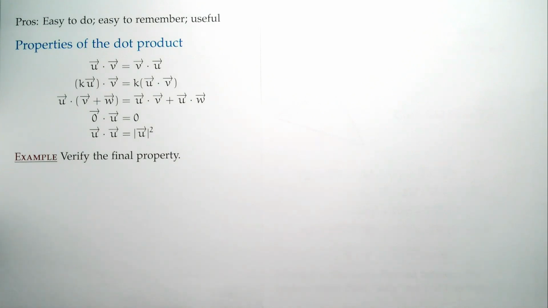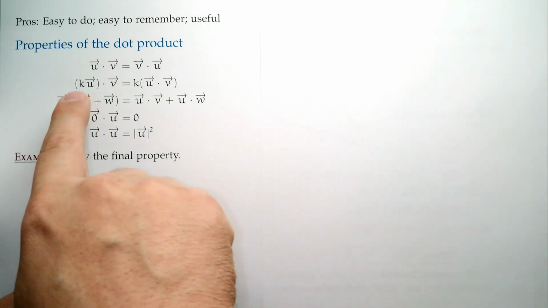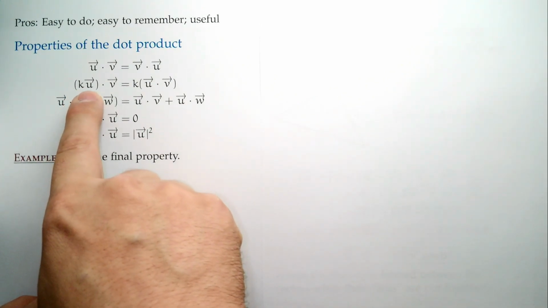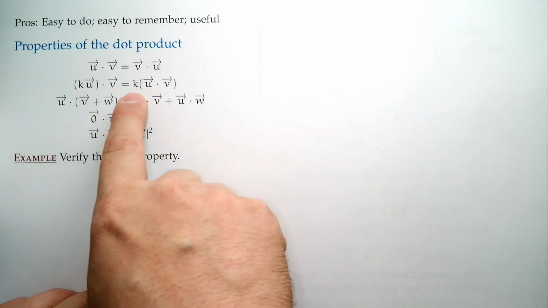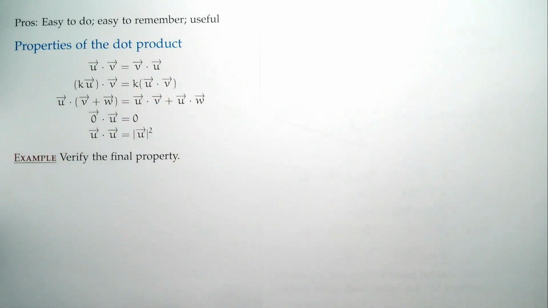So the dot product works in a nice way because addition and multiplication work in a nice way. All right, so u dot v is v dot u. We can also say, if I have a constant k times the first vector, k u dot v, that's k times u dot v. All right, well, that's kind of what you'd expect.